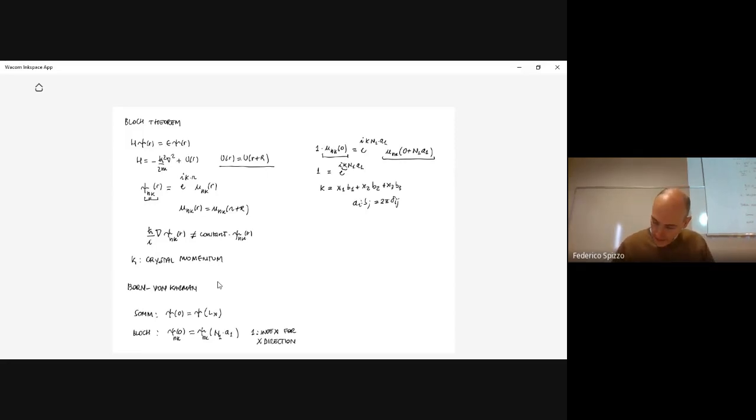Then using that, we have that I k n1 a1 is just equal to I. Then if k is this combination, the only term that survives is the term corresponding to index 1 in this case. So we have x1 n1 times 2 pi.